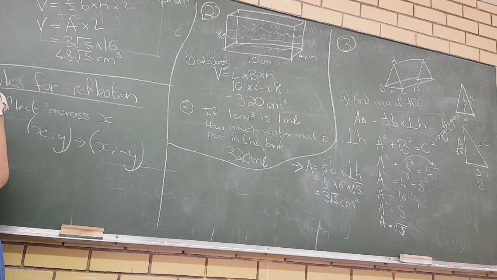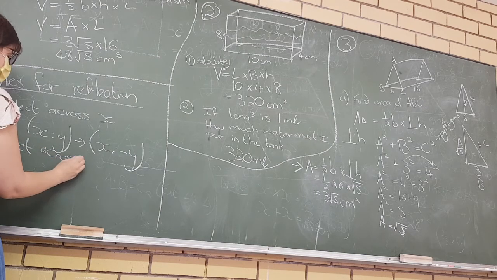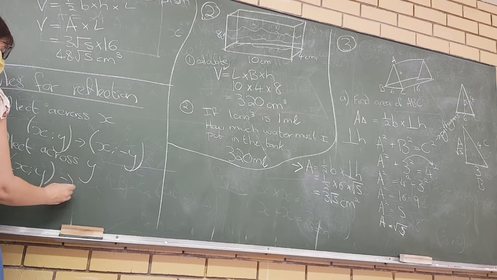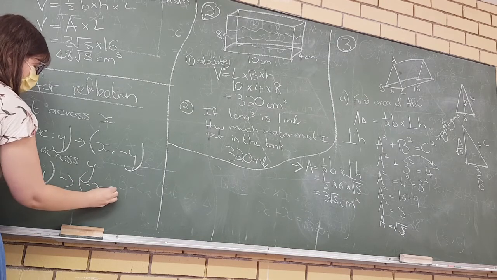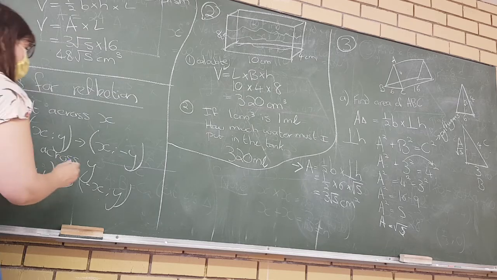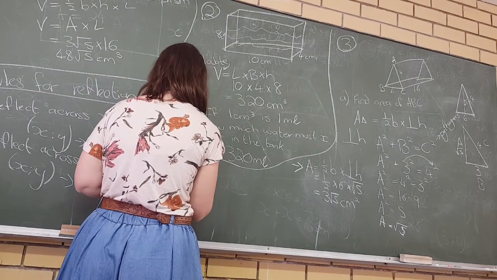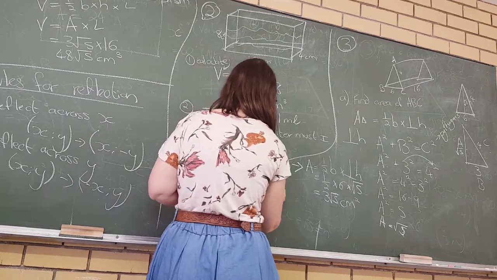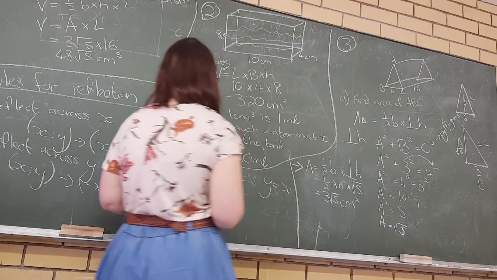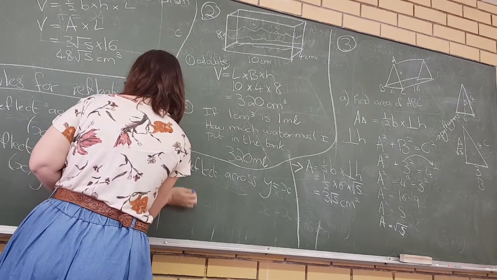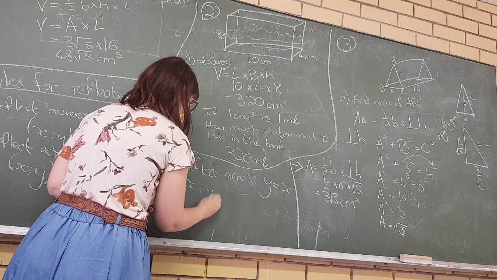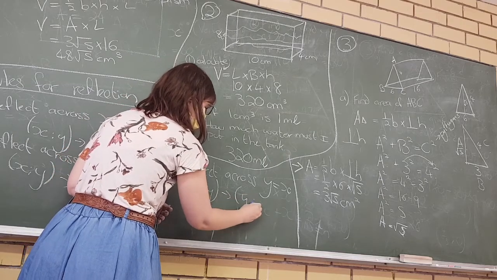Now I'm reflecting across Y. What happens? I've got X, Y, and it becomes negative X, Y. Now I reflect across Y equals X. What does it become? X, Y becomes Y, X.